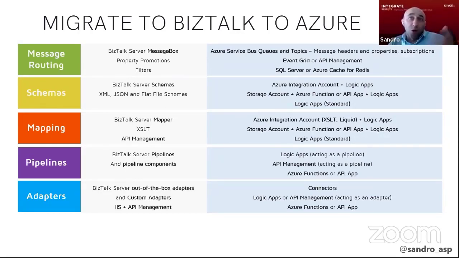Well, you can always use Azure Functions or API app, but if you are using that, you lose the availability of these 400 or more connectors that are available out of the box in Azure, but you have the possibility to do it in a dynamic way because it's basically code.